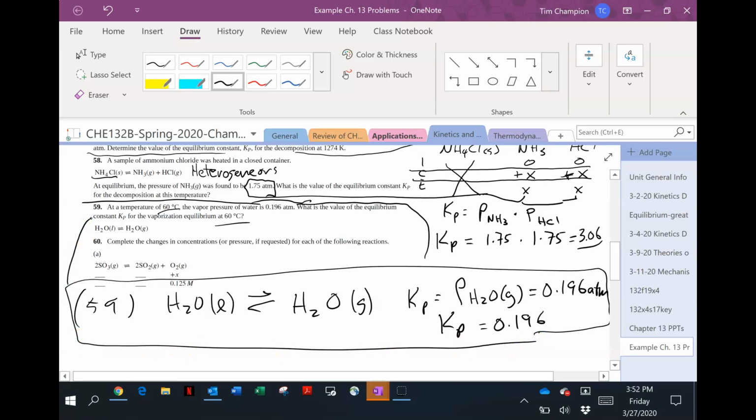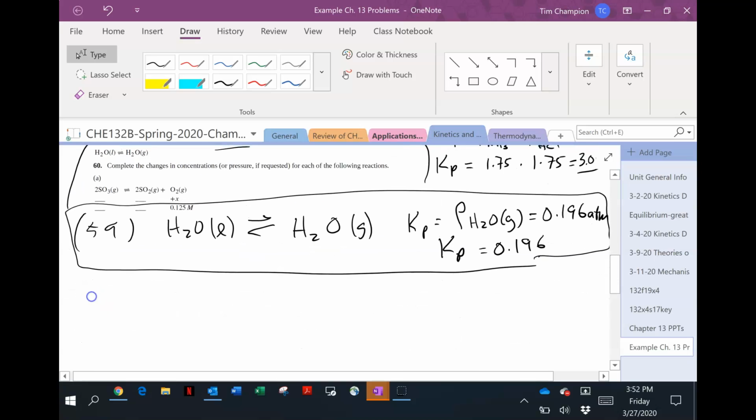And then for 60, we have 2 SO3 in equilibrium with 2 SO2 plus O2 gas. Everything's gaseous there. Seen this equilibrium before in some of our talks. And what we're looking at really here is the change line.